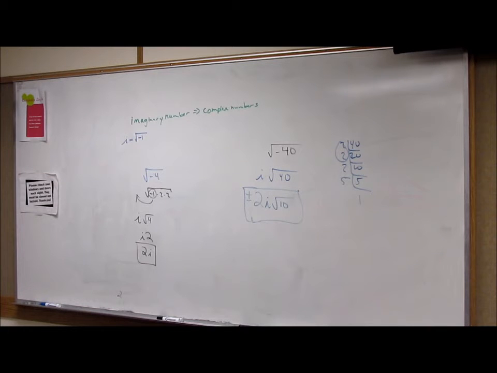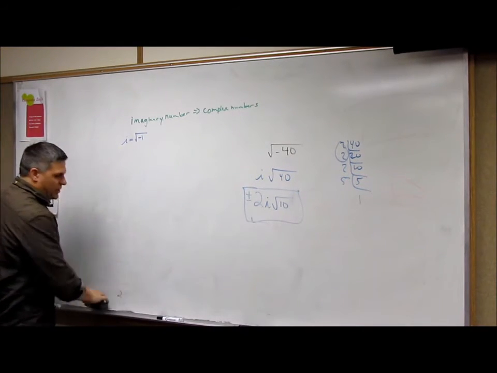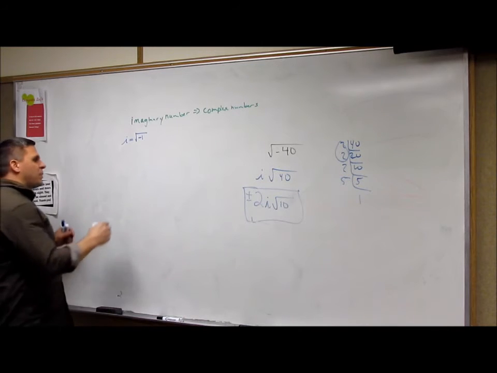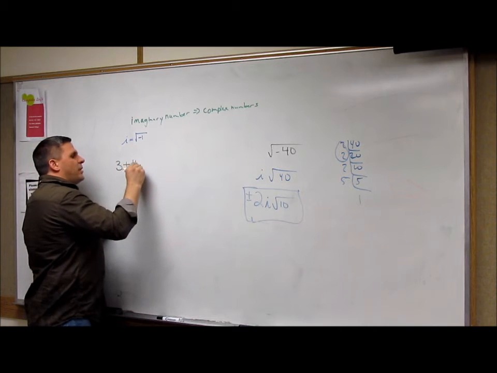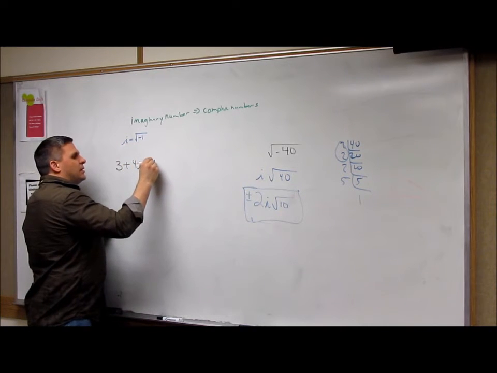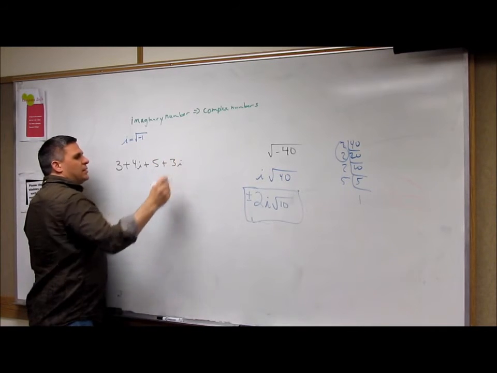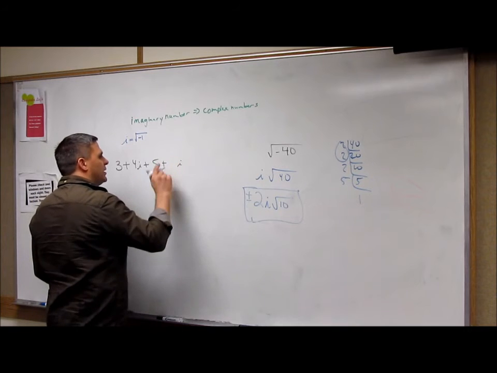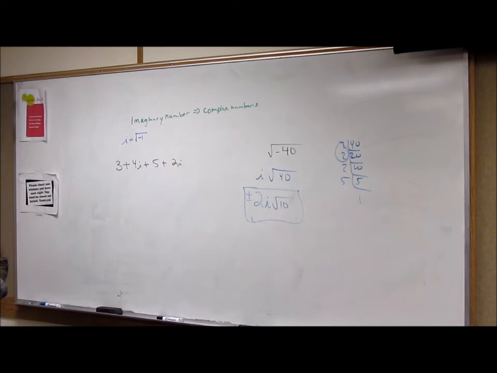Let's see how we add them. How do we add imaginary numbers? Well, let's look at some simple ones first. How about 3 plus 4i plus 5 plus 2i? Let's keep all the numbers different so we know which ones we're adding.